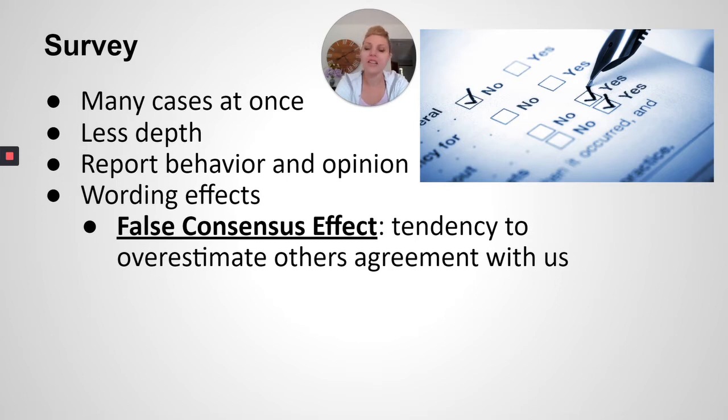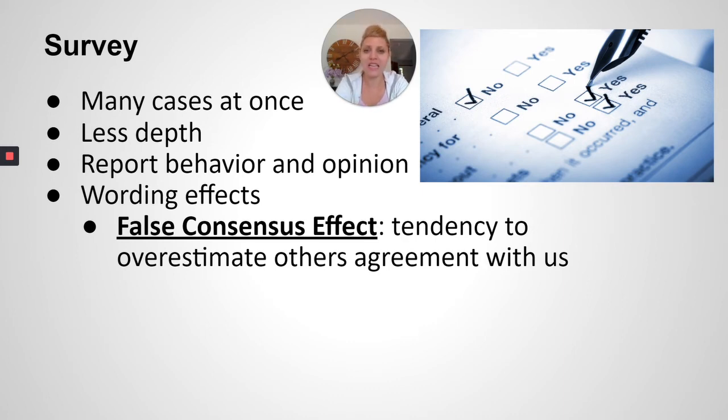The way that I have presented my question can actually influence whether or not a person is going to respond a particular way. It doesn't always happen, but that's a way in which bias can lead itself into my survey.